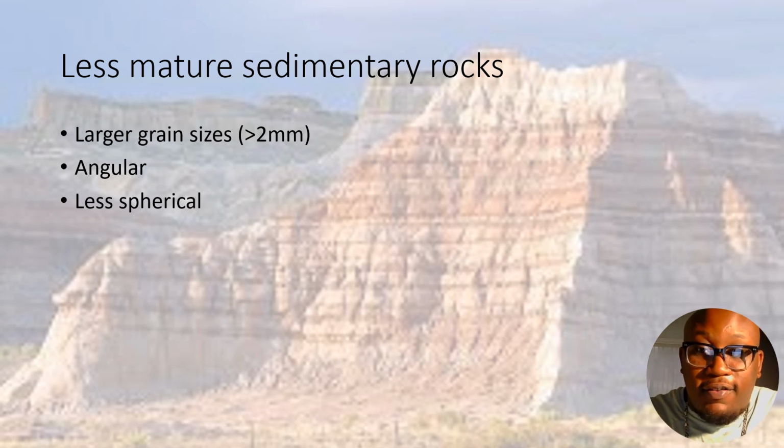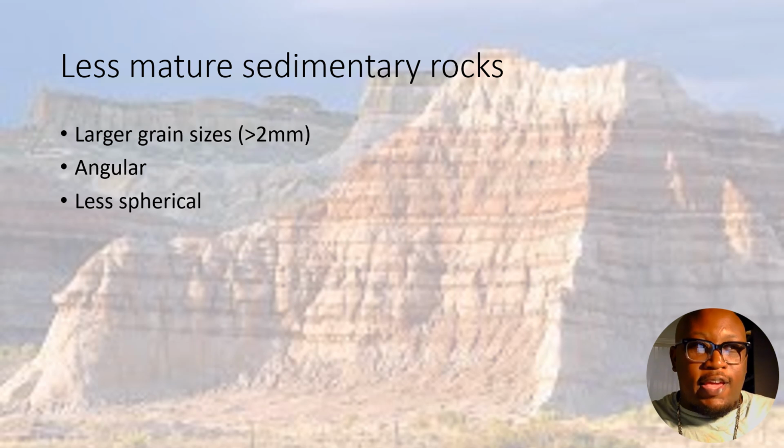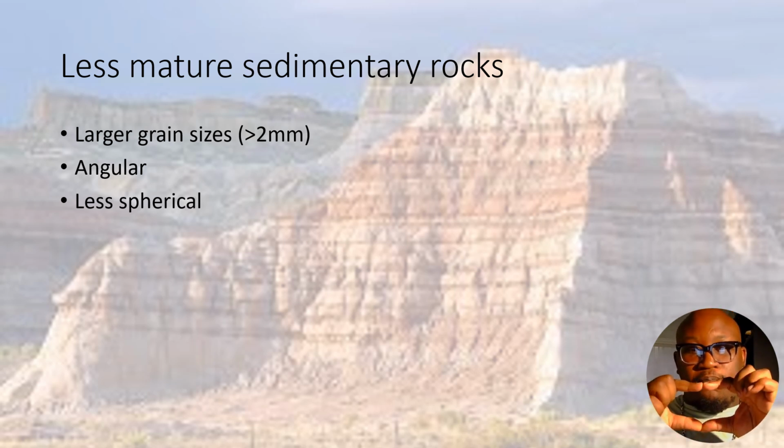The grains are in an angular shape, and they're less spherical. When I say less spherical, I'm not saying it's a weird shape. You can have an oval shape, and that's really not spherical. When we mean spherical, we mean a circle-like shape.